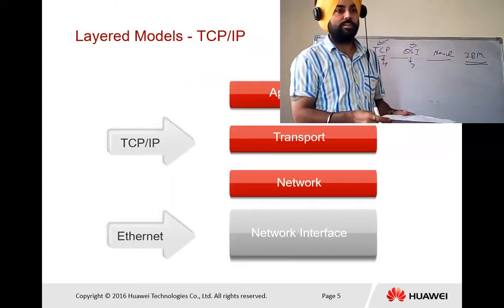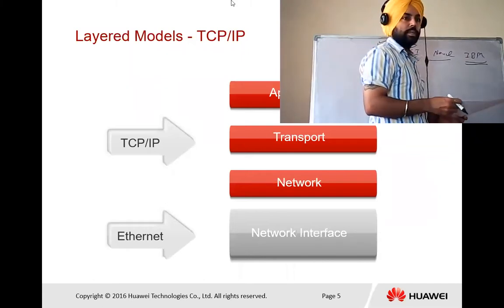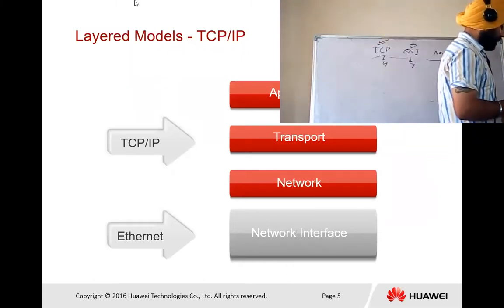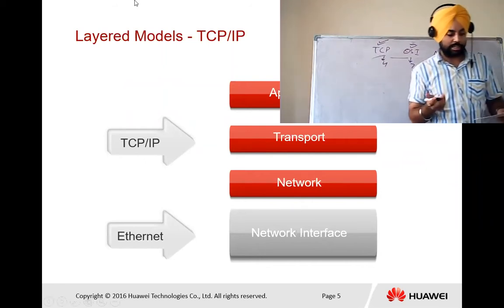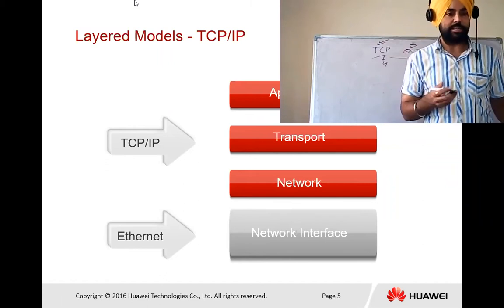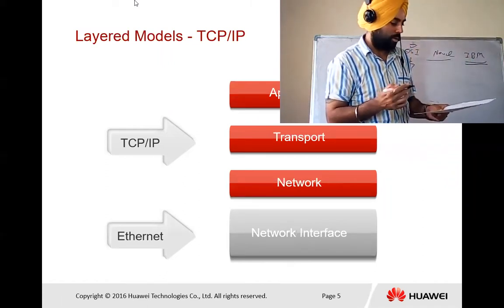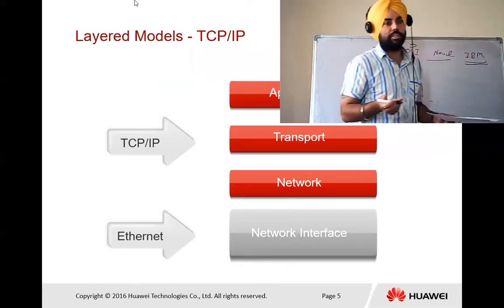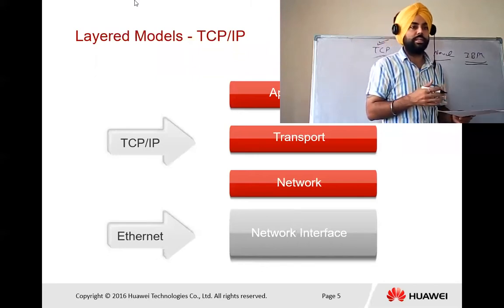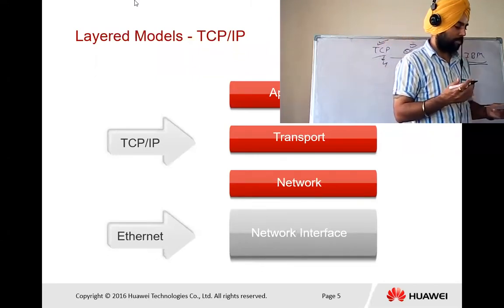Next we have the TCP/IP layers. TCP/IP is not a number-based model, as I told you earlier, so we can't say it has layer 1, layer 2, layer 3, and layer 4. On the other hand, OSI is a reference model with 7 layers, and it is a number-based model.